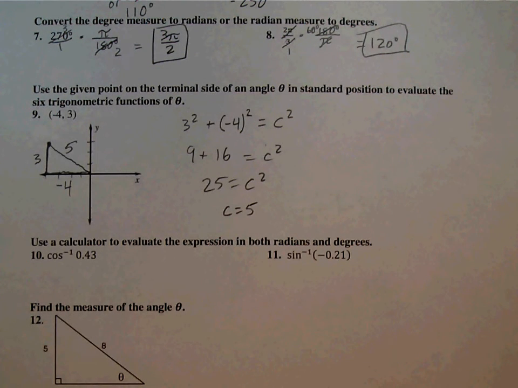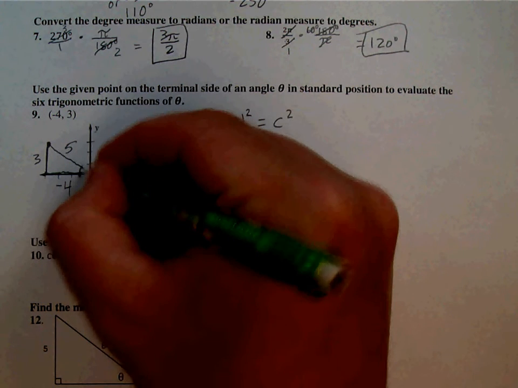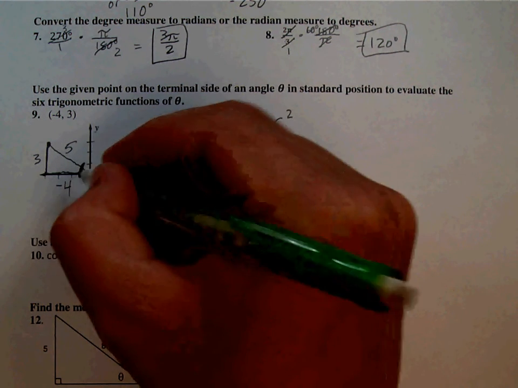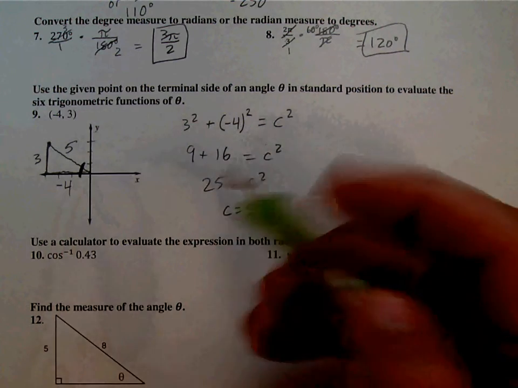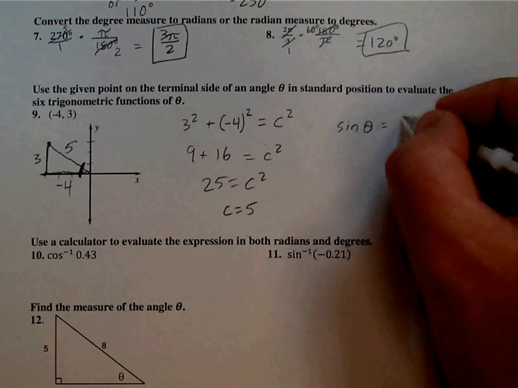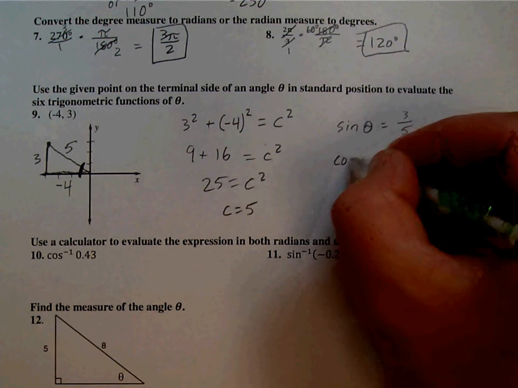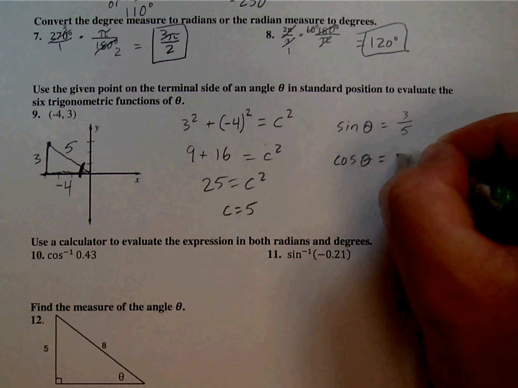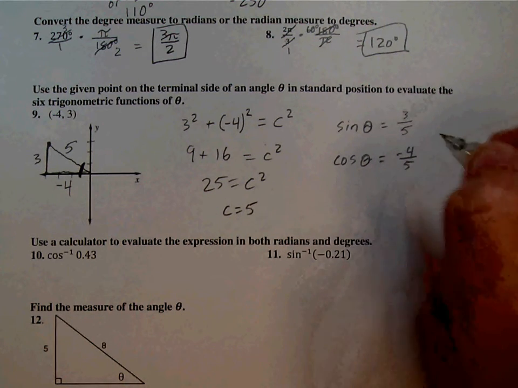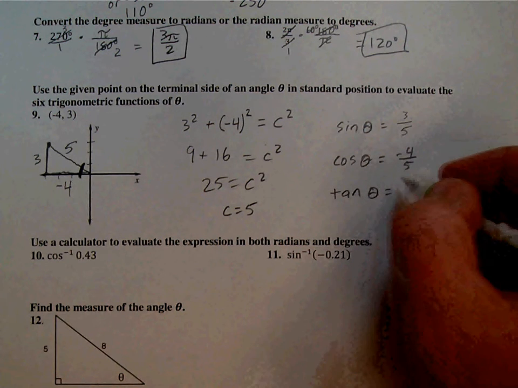So now I need to do the 6 trigonometric functions of that angle. So the angle is the angle that it makes by the origin there. So we want to do opposite over hypotenuse for our sine, 3 over 5. Cosine's adjacent over hypotenuse. Tangent's your opposite over your adjacent.